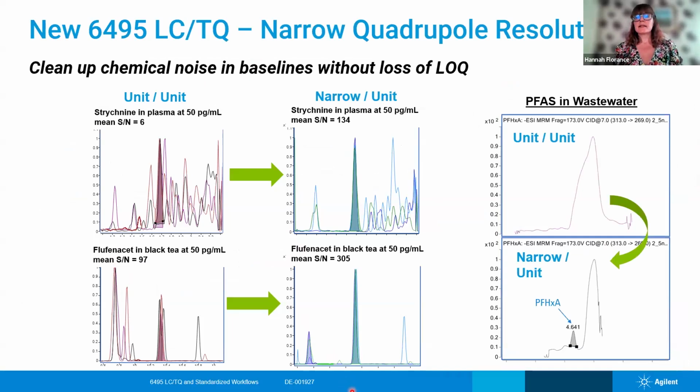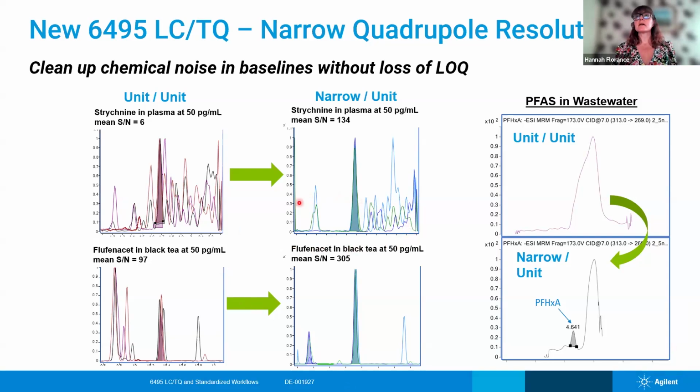The other thing which I think is a really great feature is that the ion optic rail has the ability to reduce the quadrupole isolation window. And this really increases specificity of certain MRM transitions. It's not always necessary, but since the quadrupole resolution is controlled on a per MRM basis, we can now improve our selectivity by implementing a narrow unit resolution rather than a unit.